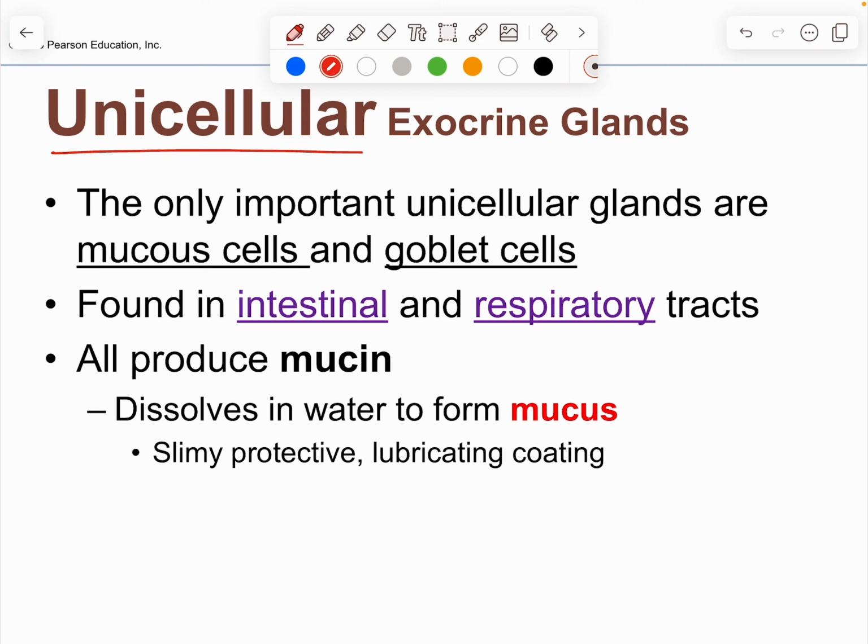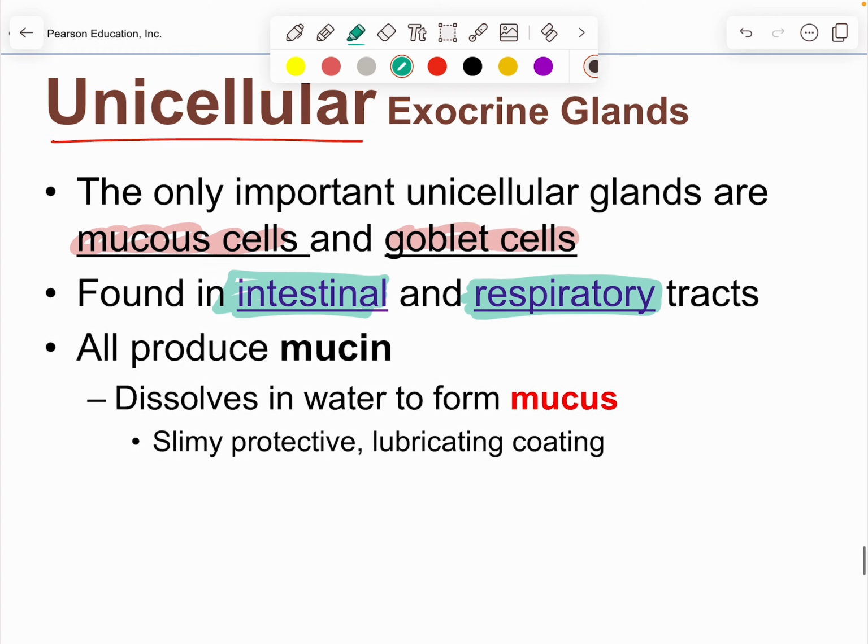The ones that we're focused on, we've already talked about in this unit, which are mucus cells and goblet cells. These are found in the intestinal and the respiratory tracts, right? So stomach, small intestine, large intestine, or the bronchi and the air sacs of the lungs, okay? Both of these are unicellular glands.